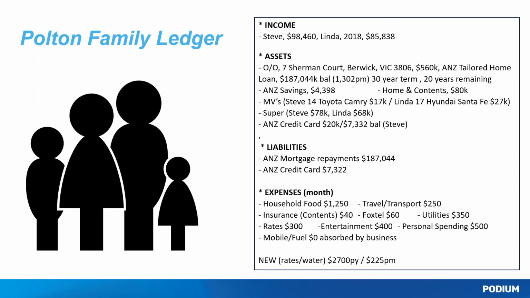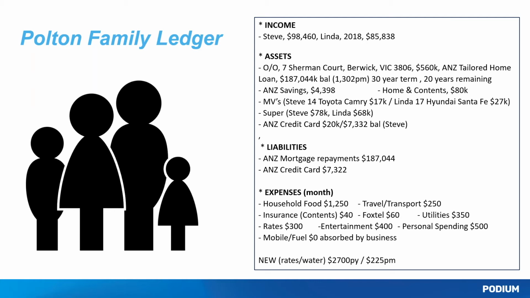Okay, so both Steve and Linda have a pretty good, fantastic combined income. They own a home. So they have an owner-occupied home at 7 Sherman Court in Berwick. It's an existing tailored home loan with ANZ, 20 years remaining, so they've gone through the first 10 years.